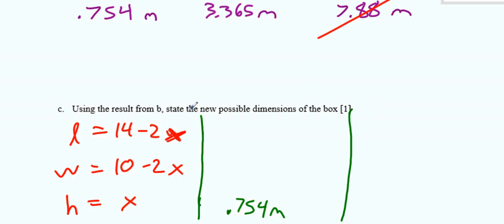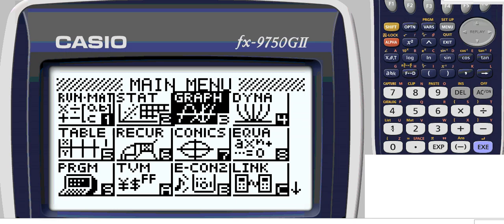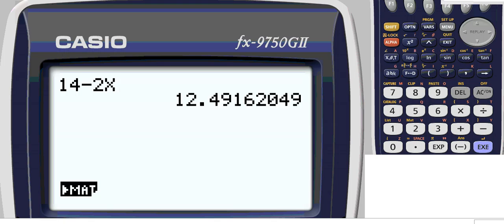So you do 14 minus 2 times 0.754. Here's a cool little trick. Go back to that 0.754. If we leave it right there, that'll be saved as x when we go back to our main portion of our calculator. So if we do 14 minus 2x, it'll use that 0.754 for x. Makes sense. It's about 2.5 or 1.5 when you subtract it off.